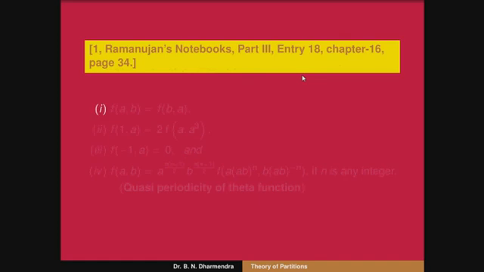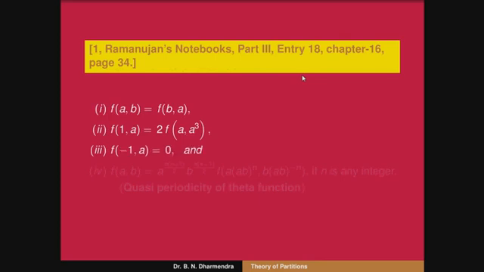Ramanujan defines and shows that f(a,b) is equal to f(b,a), that is the first result. The second one, f(1,a) is equal to 2 times f(a,a cube). The third one, f(-1,a) is equal to 0.